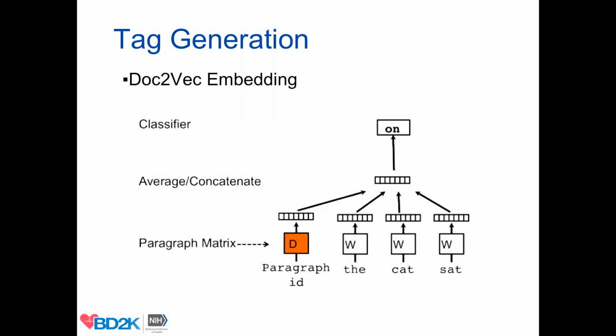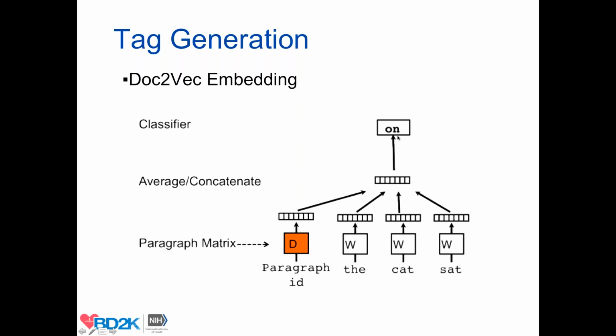To give you more details of the tag generation, we firstly use a doc2vec embedding. As you can see in this graph, this is based on the word2vec model, and we add a paragraph ID here to work just like a word, like an item, the same as the cat sat, and we put all the matrix here and then concatenate to predict the next term.